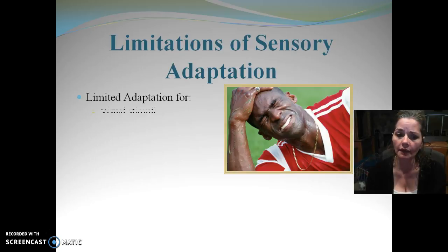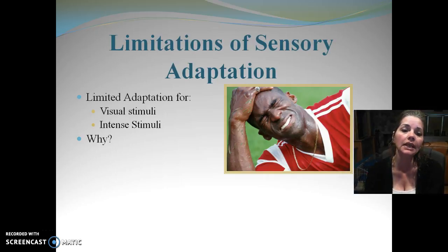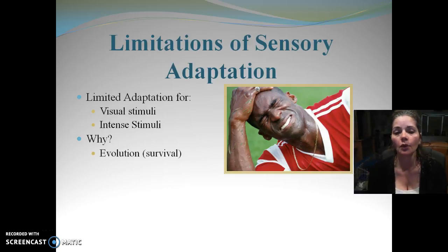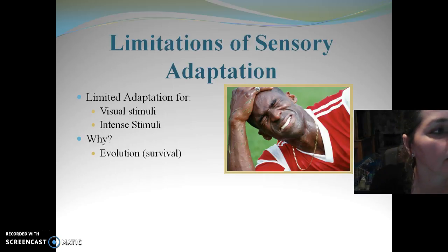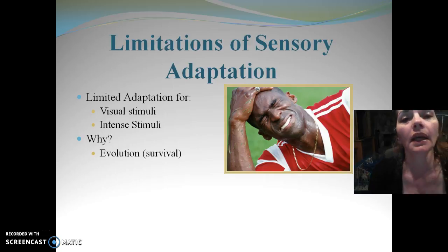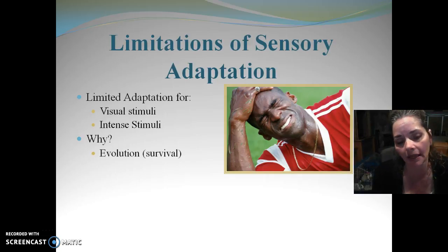So interestingly enough, with sensory adaptation, we aren't necessarily able to completely filter out all information. For example, with visual stimuli, we're particularly vulnerable. That's because, if you think about our vision, it's an important part of our survival mechanism.